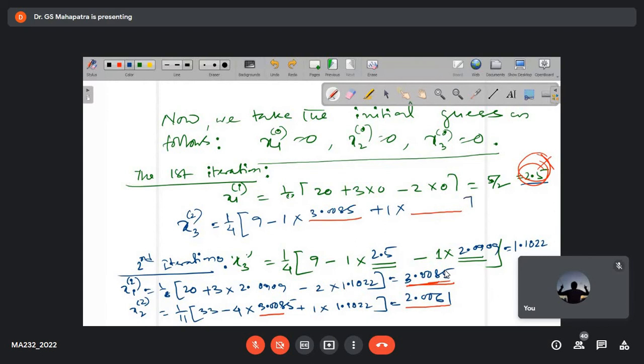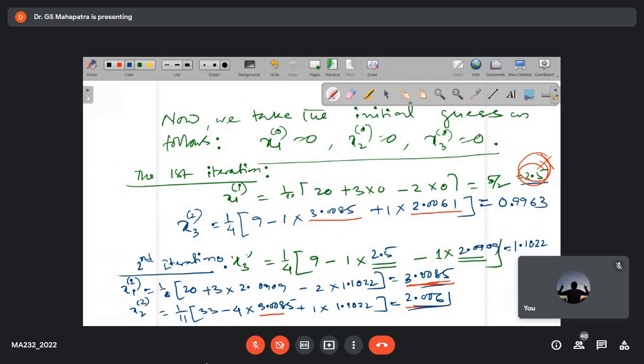This red underline means x22, that means this one, 2.0061, this answer, not the previous iteration answer. So what is the answer now? 0.9963, okay, 63, not 263. Fine.